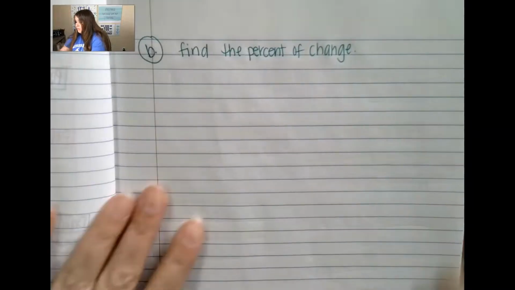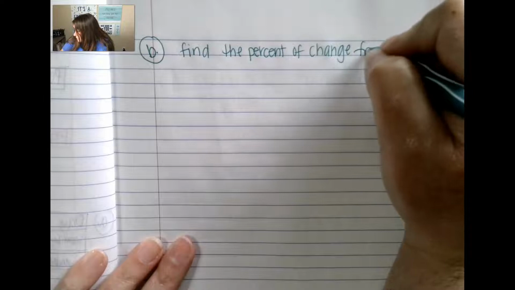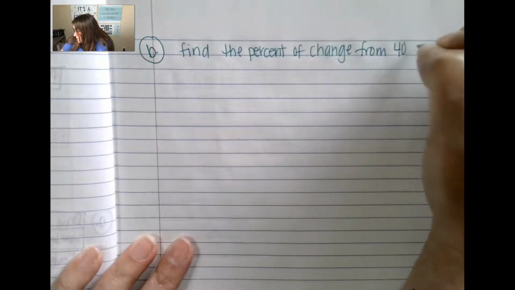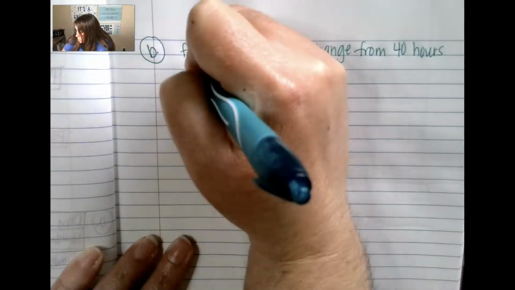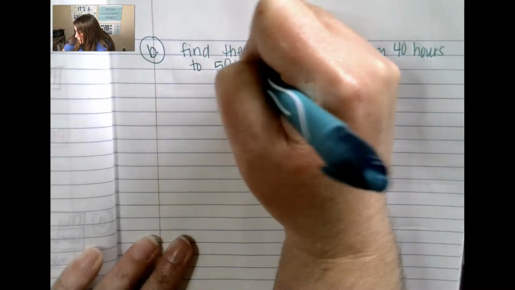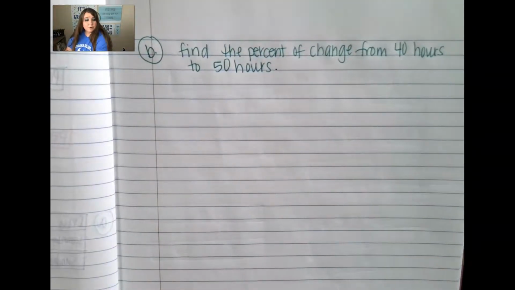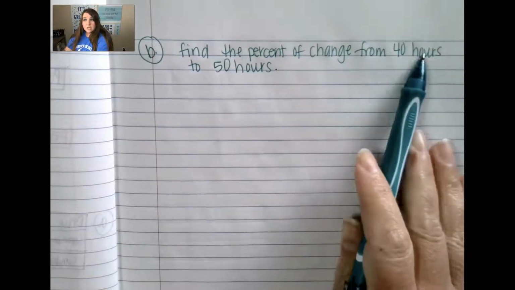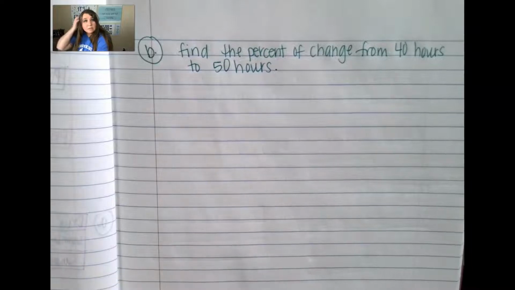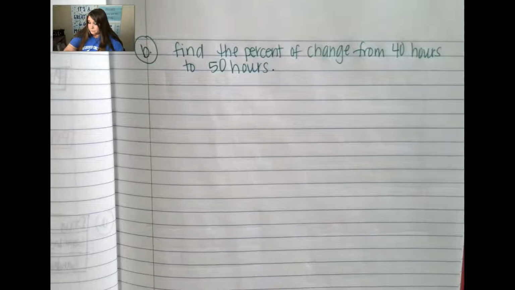Okay, find the percent of change from 40 hours to 50 hours. So again, you know right away that your number is going to increase because you're going from 40 to 50.